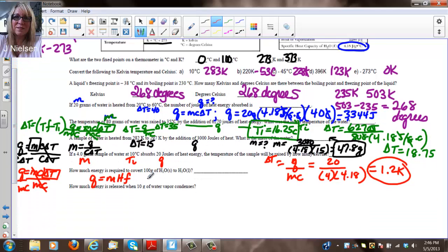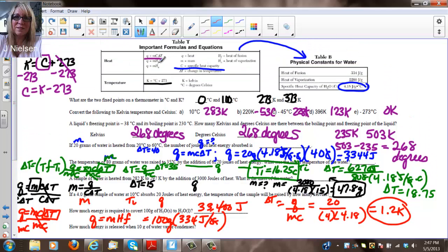So I've got my mass, which is equal to 100 grams times 334 joules per gram. Grams cancel. 100 times 334 is 33,400 joules.